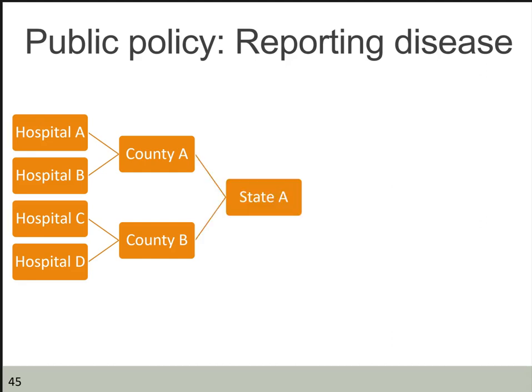But in the lower 48, hospitals report their diseases to counties, and then the counties report to the states, and then each state reports to the CDC. The CDC is a United States federal government agency, and at the international level, the CDC reports to the World Health Organization, or WHO.